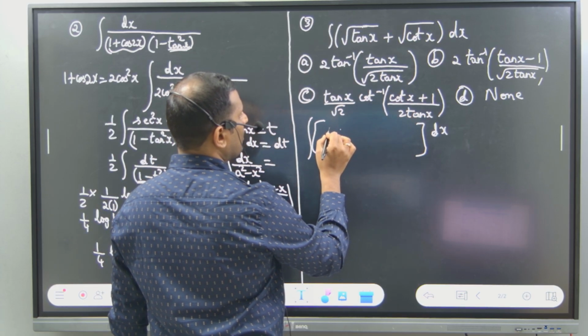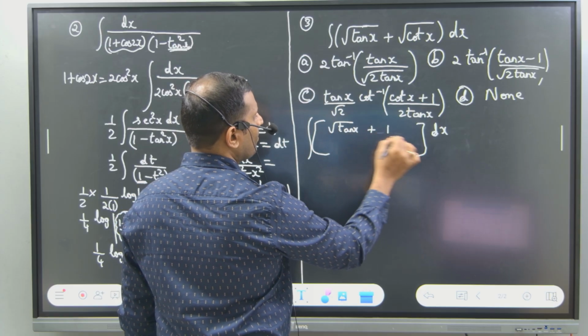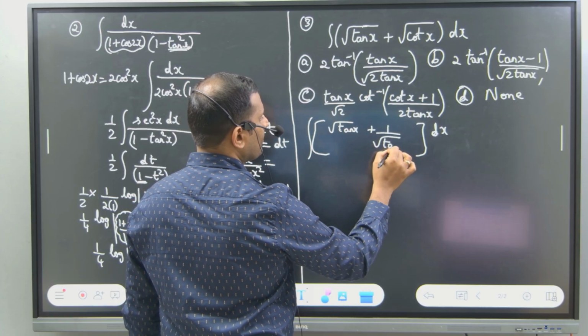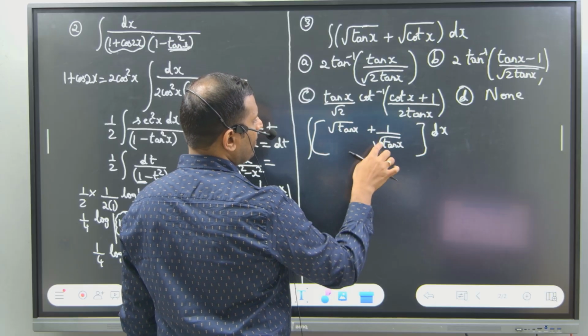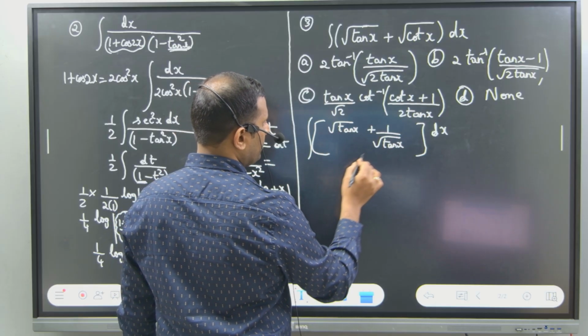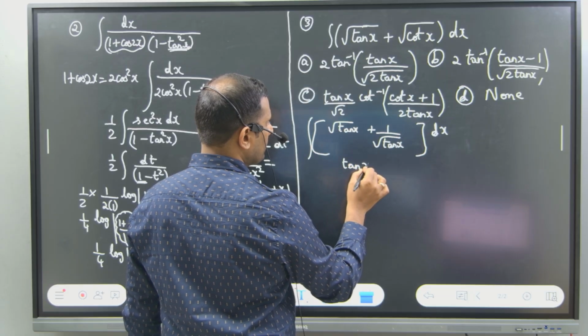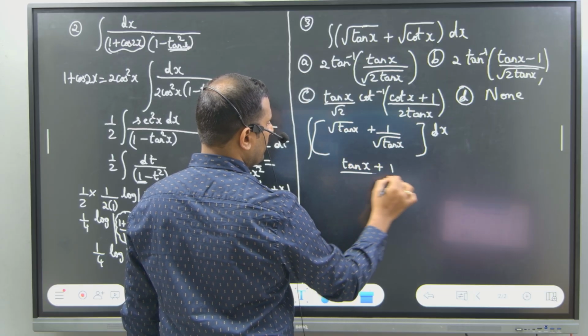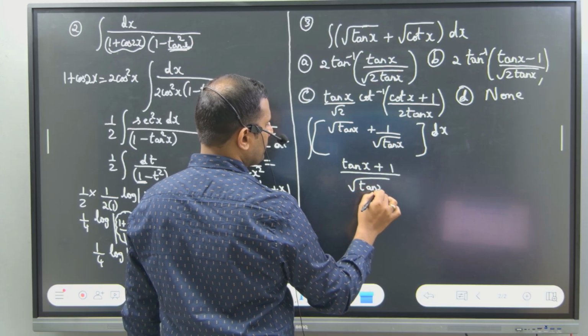See, if you write cot as 1 by tan, then I think it's quite simple. What will happen when you take LCM, students? So you will get tan x plus 1 divided by root of tan x, isn't it?